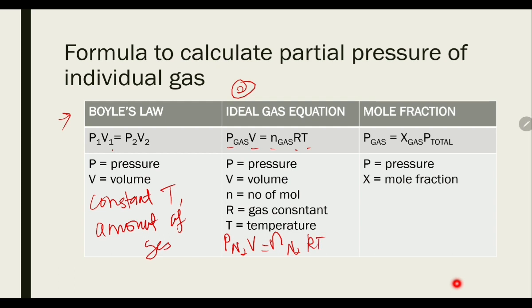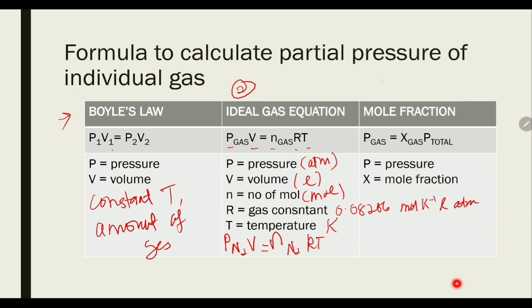If you use the ideal gas equation, you need to use the right unit for each variable: pressure in atm, volume in liters, number of moles in moles. We have two different values of the gas constant in our list of constants, but for this one we use 0.08206 L atm per mole per Kelvin, and temperature in Kelvin.